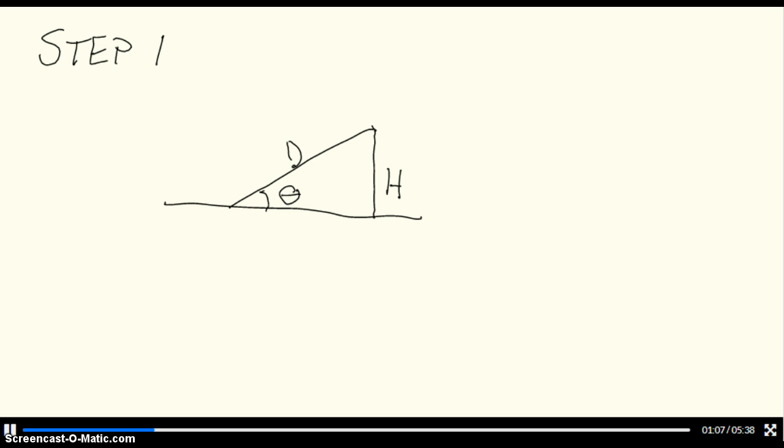So what we're challenging you to do, knowing d, knowing theta, and having the trigonometric skills that you have, find h.